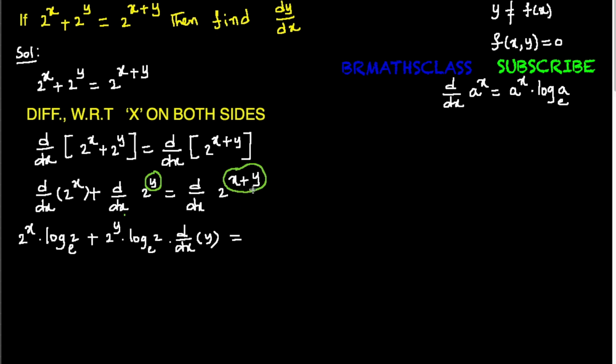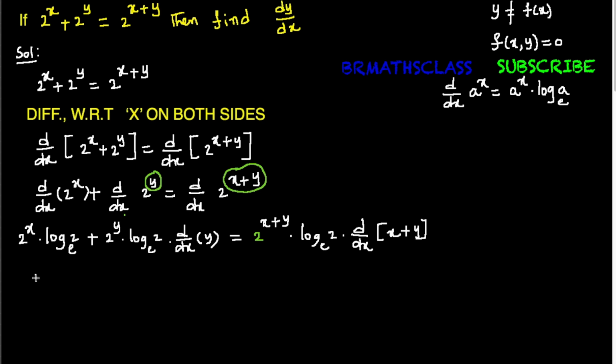Now d/dx of 2^(x+y). You imagine x+y as x. If you imagine this x+y as x, it looks like d/dx of 2^x. The derivative of 2^(x+y) is 2^(x+y) log 2 base e, into which one you imagined as x, you need to differentiate it, that is d/dx of (x+y).